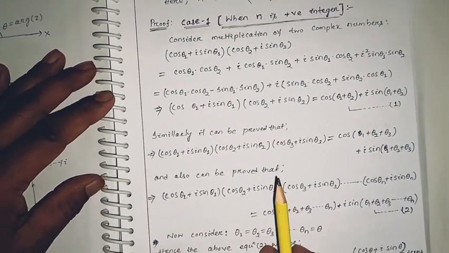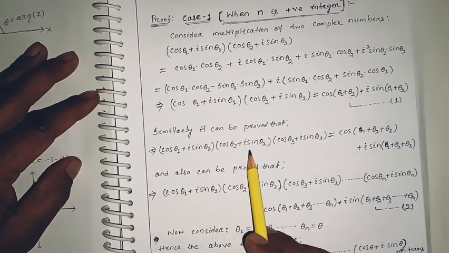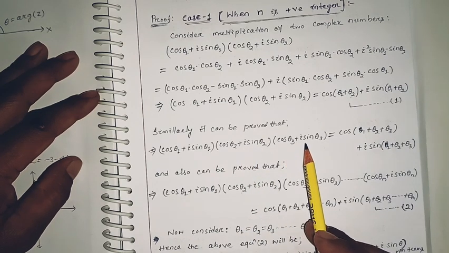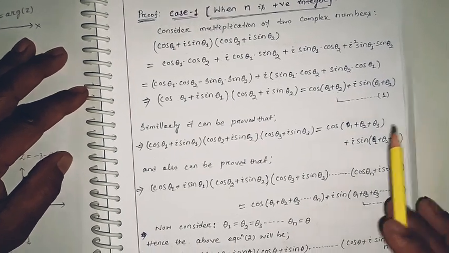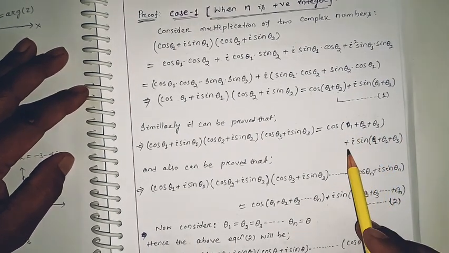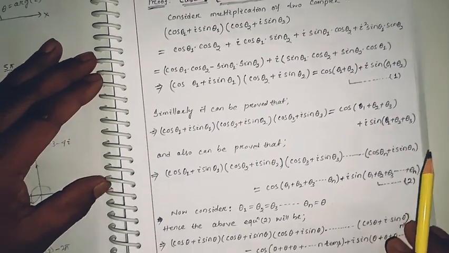Similarly, we can prove that (cos theta 1 plus i sin theta 1) into (cos theta 2 plus i sin theta 2) into (cos theta 3 plus i sin theta 3) will be equal to cos(theta 1 plus theta 2 plus theta 3) plus i sin(theta 1 plus theta 2 plus theta 3).